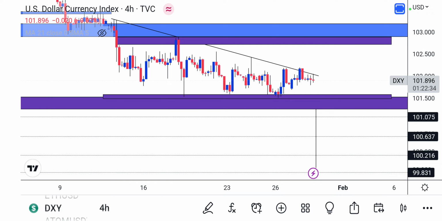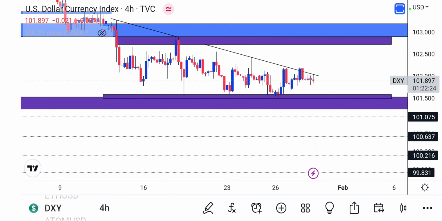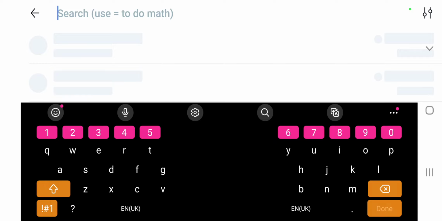So the range is still intact, this rectangular shaped range where we have the demand here and the supply here. So we should be careful of what we do. When the XY dumps, I think BTC would pump really hard, and when the XY pumps, the BTC will drop. So let's go to US 500 to see what is happening.